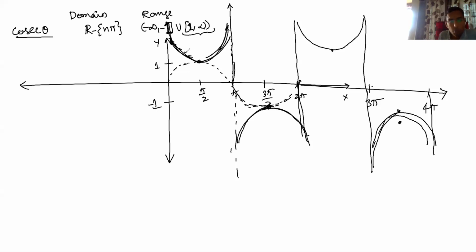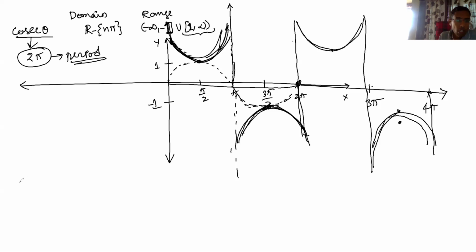Hope you understand. That means the graph of cosecant theta is repeating the same upper one and lower one. Whatever graph you got in 0 to 2 pi, from 2 pi to 4 pi also you are getting the same graph. That means the graph is repeating in the interval of 2 pi. So therefore 2 pi is called its period.